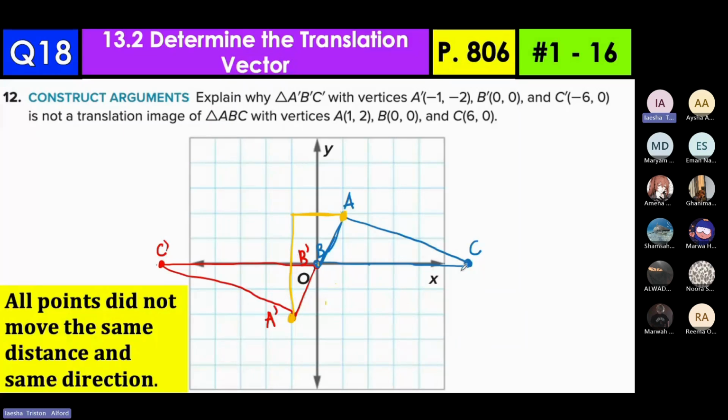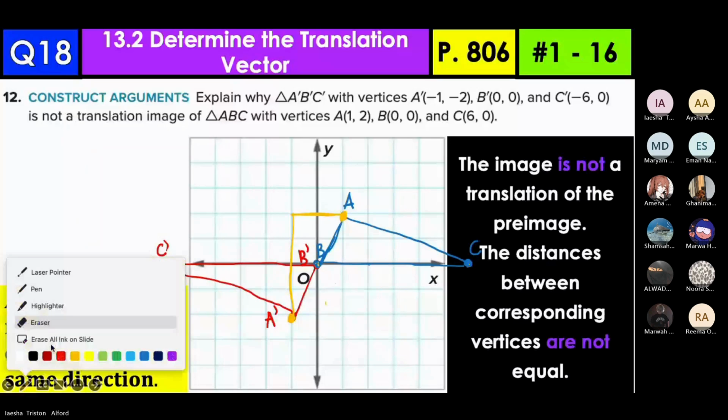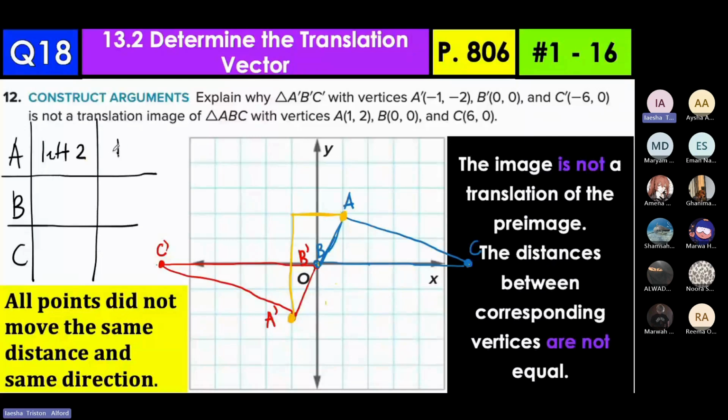If you look at C to C prime, C went left 12. If you want translation, everything has to move the same amount. So remember when we were making the chart, if we're talking about from A to B to C, the movements, A went left 2 and then down 4.